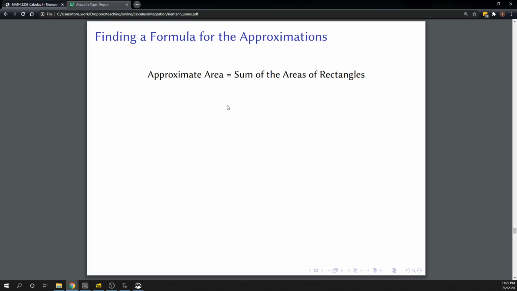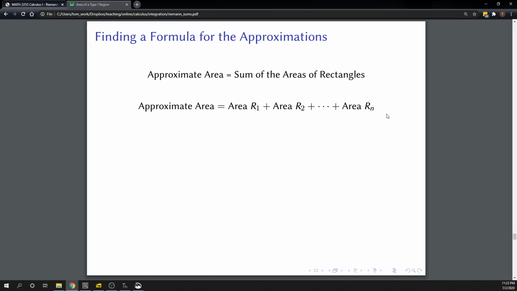The next thing is we need to get some formula for the approximations. We know that our approximate area is the sum of the areas of the rectangles. Find the area of each rectangle and add them together. That would be the area of the first rectangle plus the area of the second rectangle, and so on and so forth, to the area of the nth rectangle. In my pictures I use 3, but in practice you could use lots of rectangles.